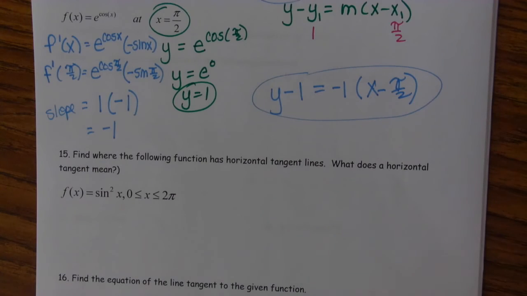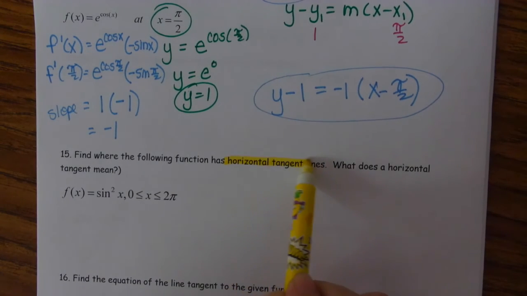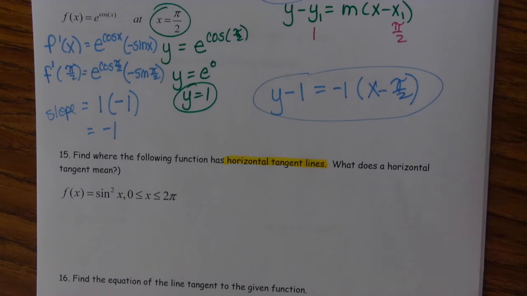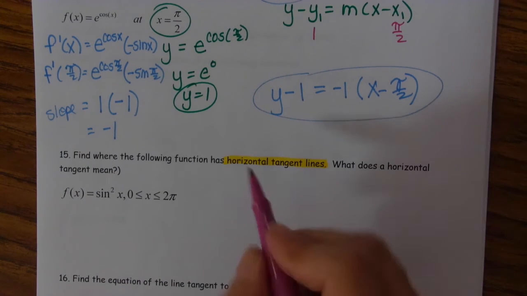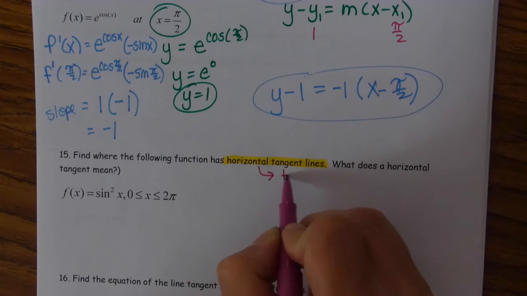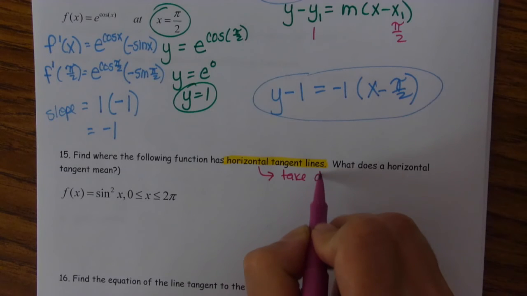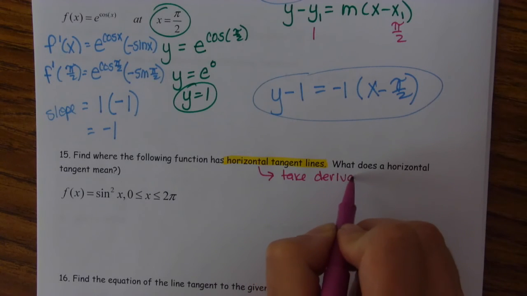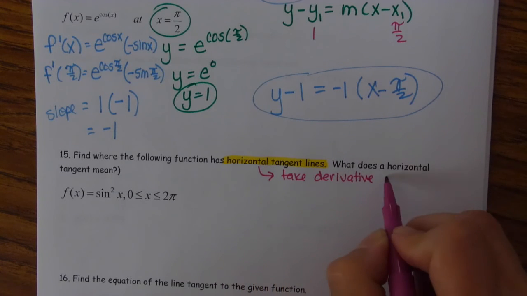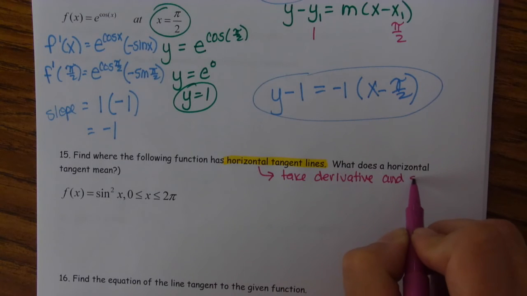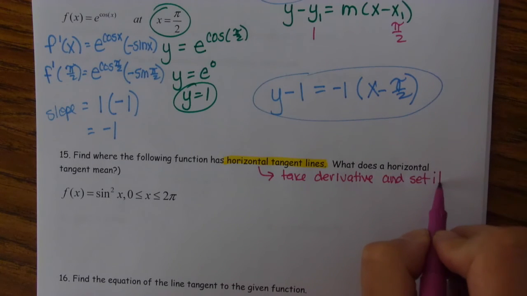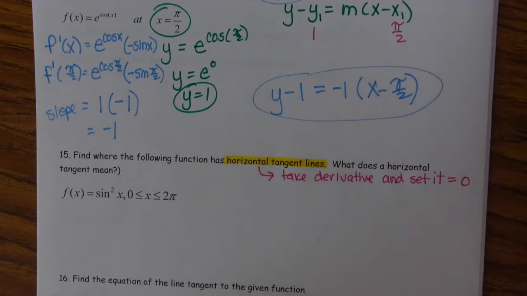Now, what does this mean? When you see those words, what are you supposed to do? These words mean take the derivative and set it equal to 0, right?